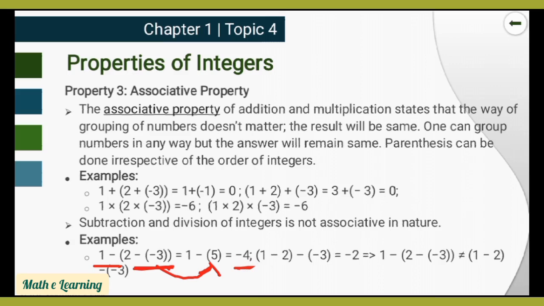Now we change the grouping of these numbers. We group 1 and 2 here, and 1 minus 2 minus (minus 3) is equal to minus 2.